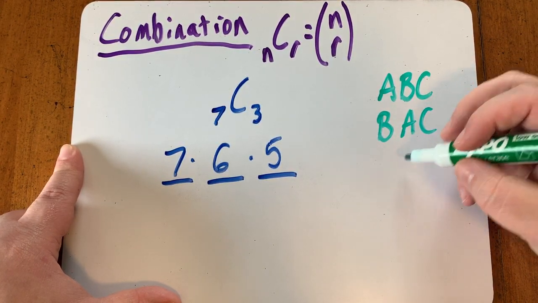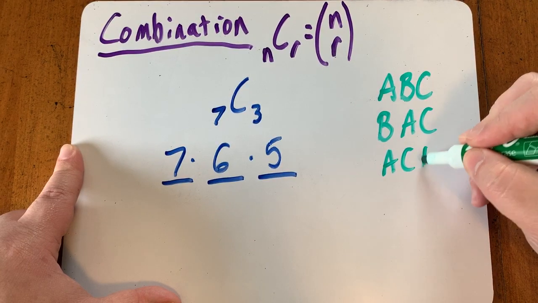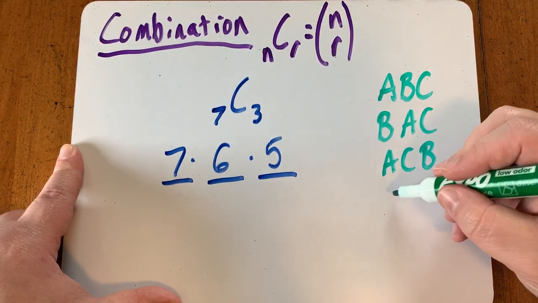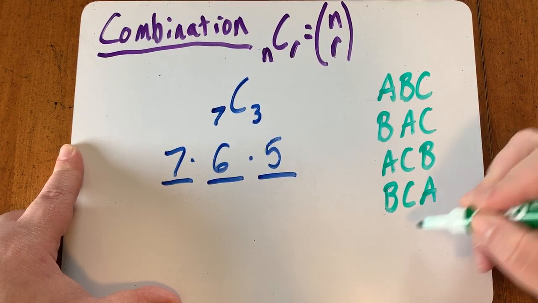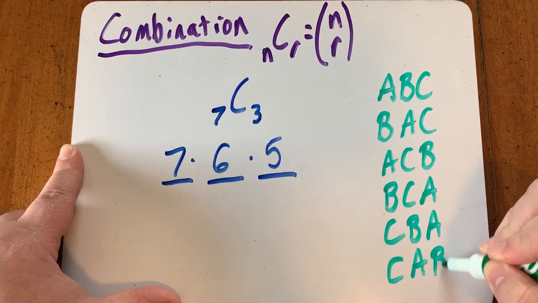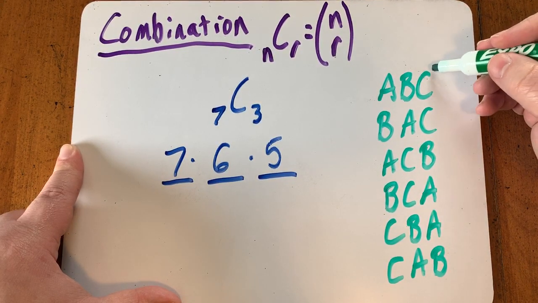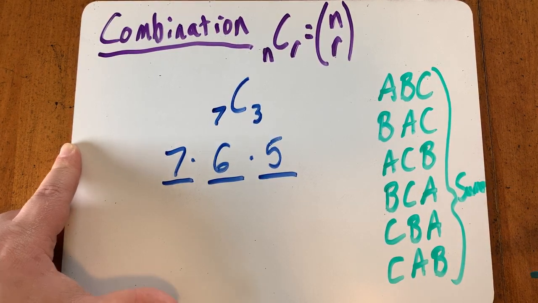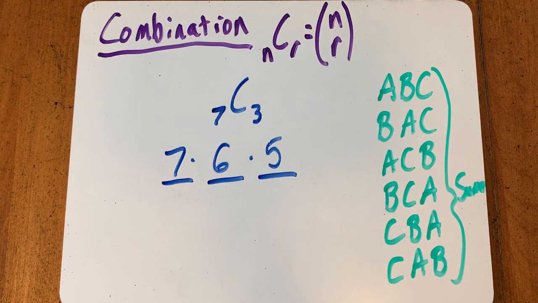This is the same group ACB. This is the same group BCA, CBA, and CAB. These are all the same if order is not important.